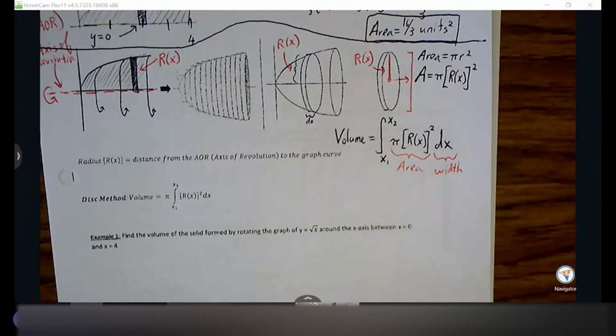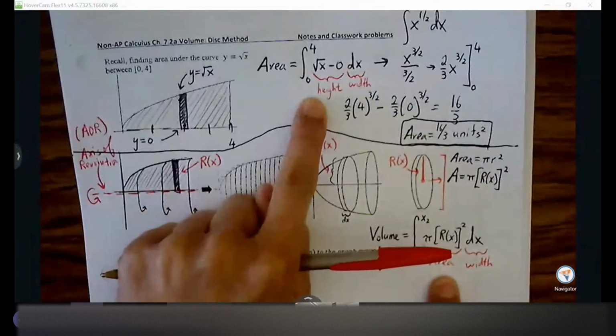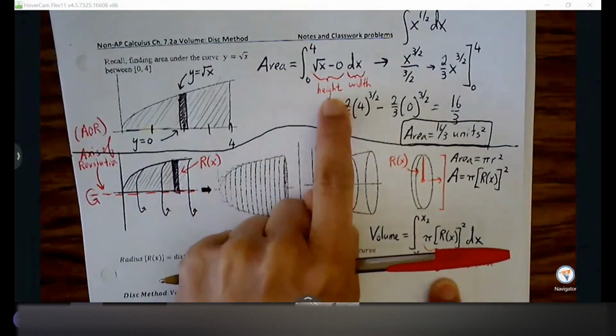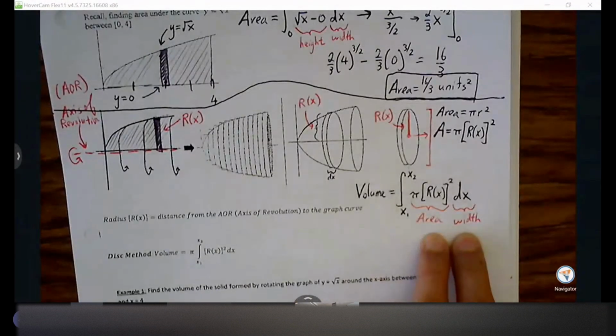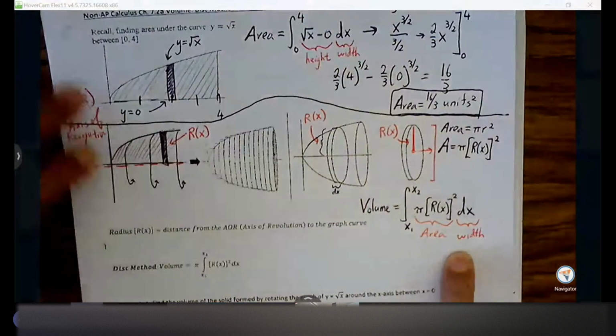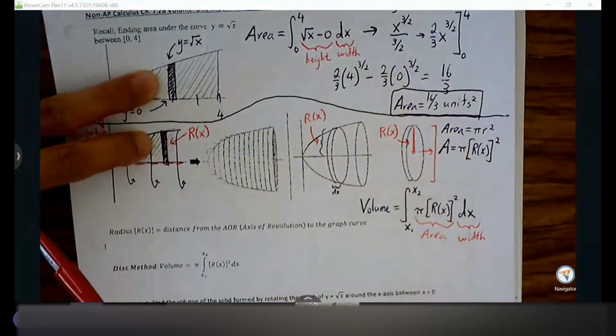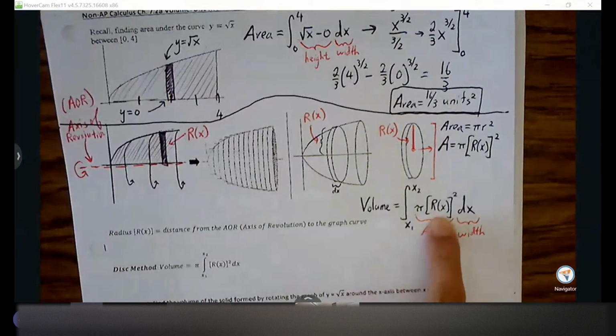We plug R of x into the area formula, and that gives us two dimensions, and we add that third dimension. So look at that distinction here, right? Area is only width and height, but then volume is going to be area times width, which gives us that third dimension. Okay. So there are similarities in the fact that we're going to be treating radius the same way that we do height, but then we're just inserting it into a different formula and we're calling it something a little different.